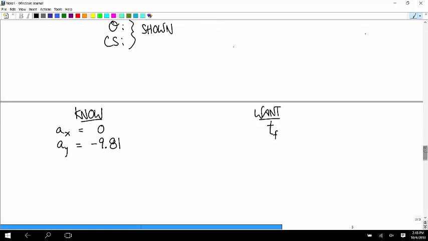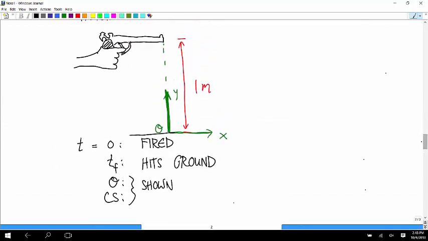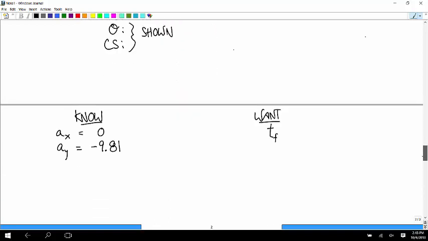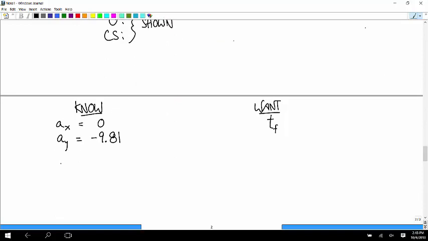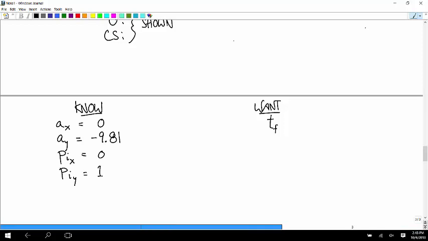Initial position, that's the coordinates of the bullet at time equals 0. What are the coordinates of the bullet at time equals 0? 0x, positive 1y. So pix is 0, piy is 1.